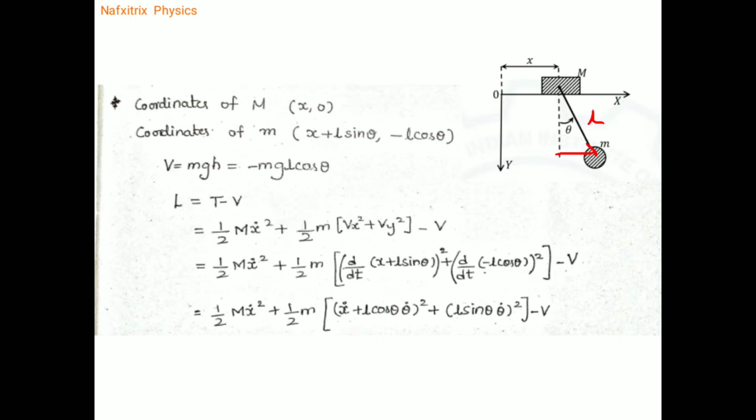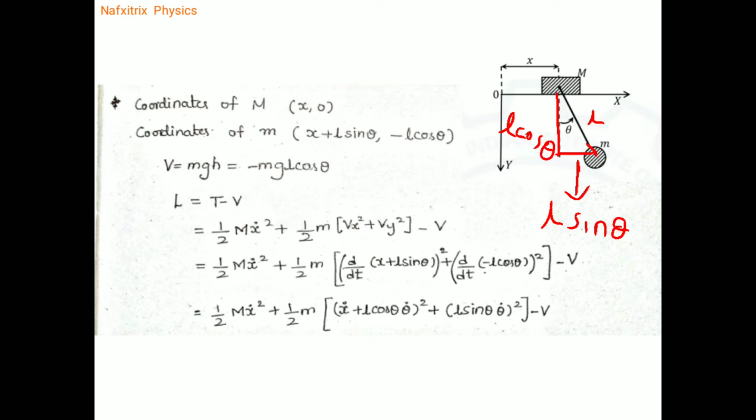So now from this, cos theta is nothing but adjacent side by hypotenuse. Hypotenuse is L. So we would get this side is L cos theta, and this is L sin theta. Along the x-axis it is L sin theta, and along the y-axis it is L cos theta.